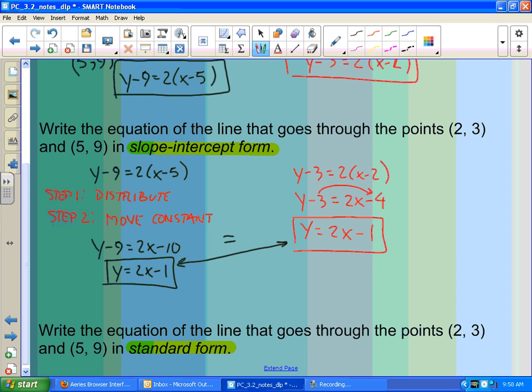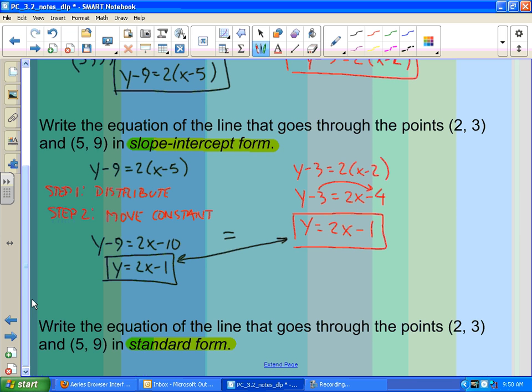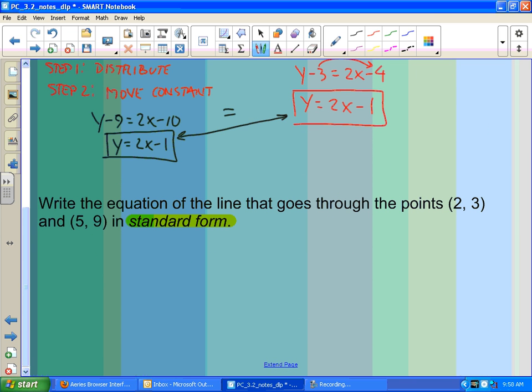Then to go to standard form, we have maybe 2 steps to go from slope-intercept to standard. Remembering standard form must be this in such a way that A is a whole number, B is an integer, C is an integer. I have to be careful.